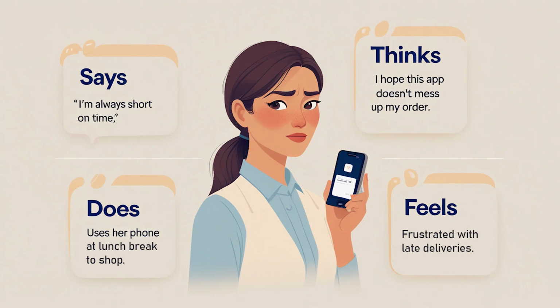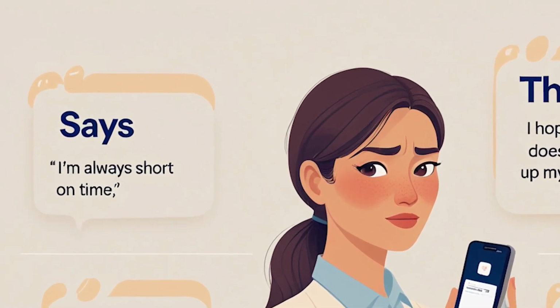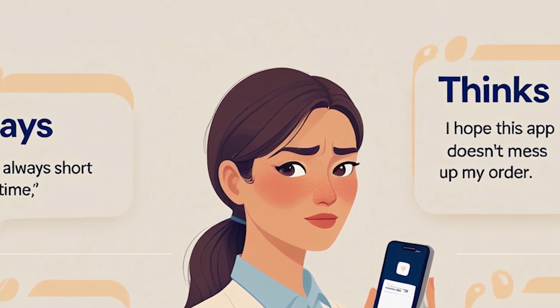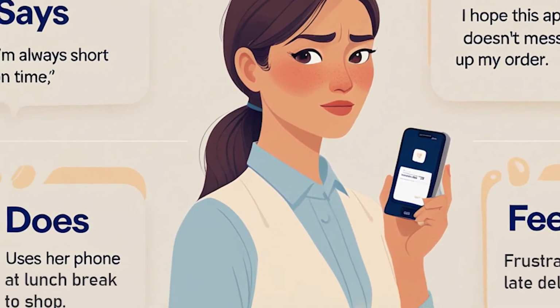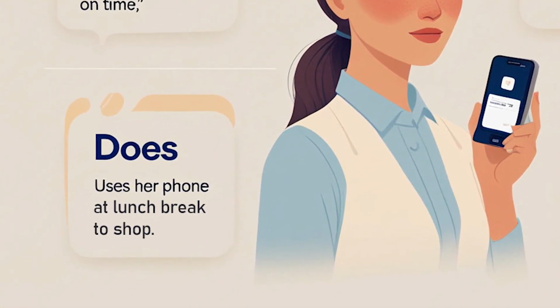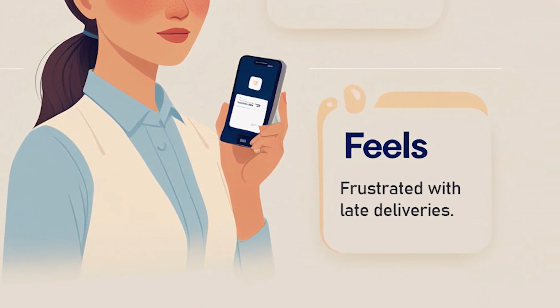So for our case study, SwiftKart, let's look at a quick example. A mother who uses SwiftKart to order groceries says, "I'm always short on time." She thinks, "I hope this app doesn't mess up my order." She uses her phone at lunch break to shop, and she feels frustrated with late deliveries.